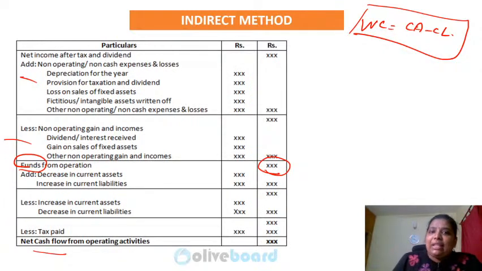So from the 2 reporting periods' balance sheets, you will find out the difference, and those items will be taken under this particular working capital changes. Now, fine, ma'am, I understood, previous year, current year, I will be minusing out. So then I'll take the difference. But do I need to add or do I need to reduce it? What would be the impact? That is the question, right?